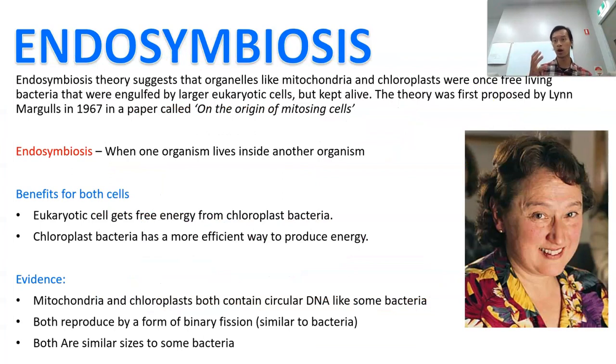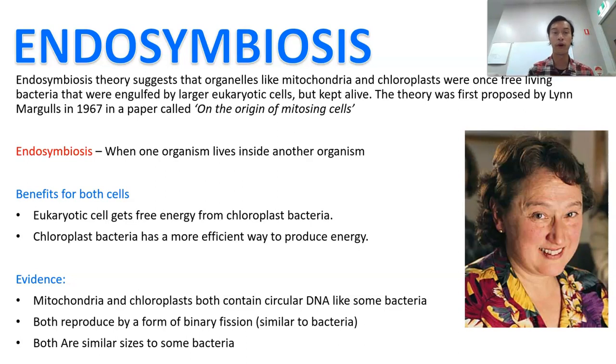Now, while we're on the topic of mitochondria and chloroplasts, I want to talk about endosymbiosis, right? So endosymbiosis theory suggests that organelles like mitochondria and chloroplasts were actually once free-living bacteria, which were eaten and engulfed by larger eukaryotic cells. But instead of digesting it, it was kept alive by the larger cell and had this kind of mutual relationship with one another that was beneficial for both parties, right?